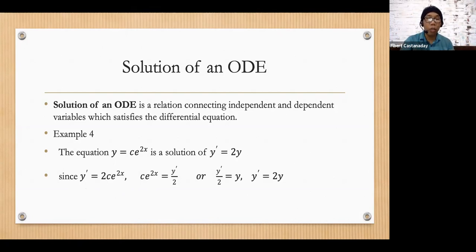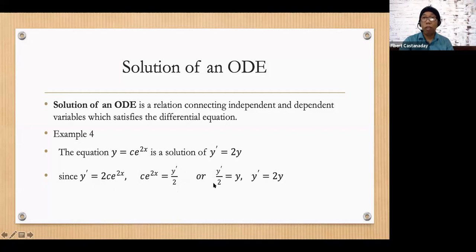So how do we do this? First, refer to the given solution, y equals c e raised to 2x. Dividing both sides of the derivative by 2 gives y prime over 2 equals c e raised to 2x, since the 2 cancels. As you notice, c e raised to 2x is equivalent to y, so you now replace it by y.